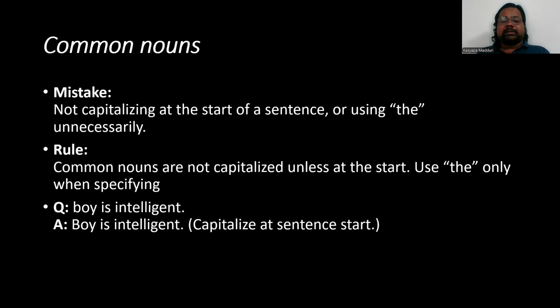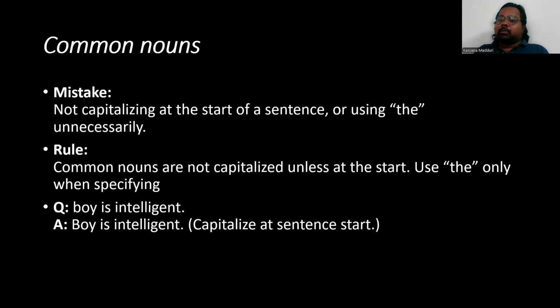So, "Boy is intelligent." B capital. Okay. Now, if you're speaking about a particular boy, let us say the boy's name is Rahul, and you're saying, okay, Rahul studies really well. The boy is really intelligent. You can't just say "boy is really intelligent".